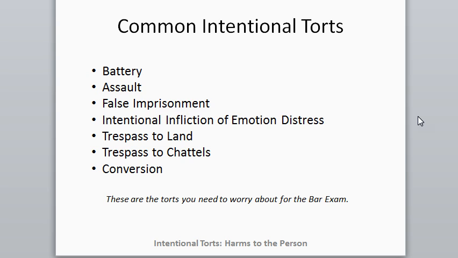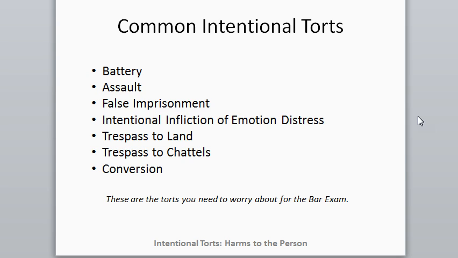I'm not big on pure memorization because there's just so much material for a bar exam that it's better to understand a lot of stuff conceptually. But this is an area where memorization can help you because these torts have specific elements, and if they're met, then the defendant's liable. If not, the defendant is not liable. So it really is a memorization thing.